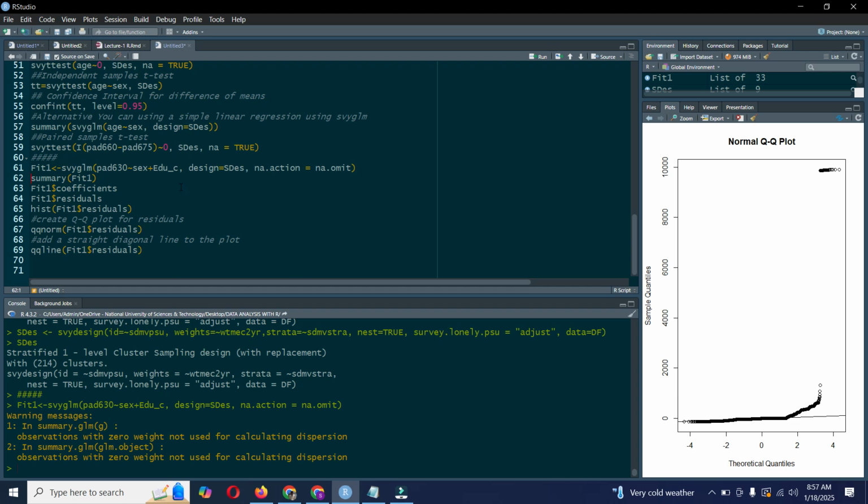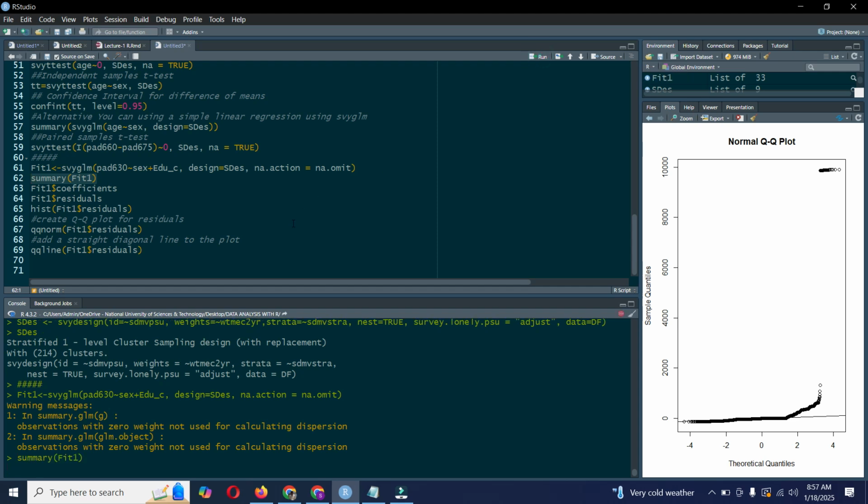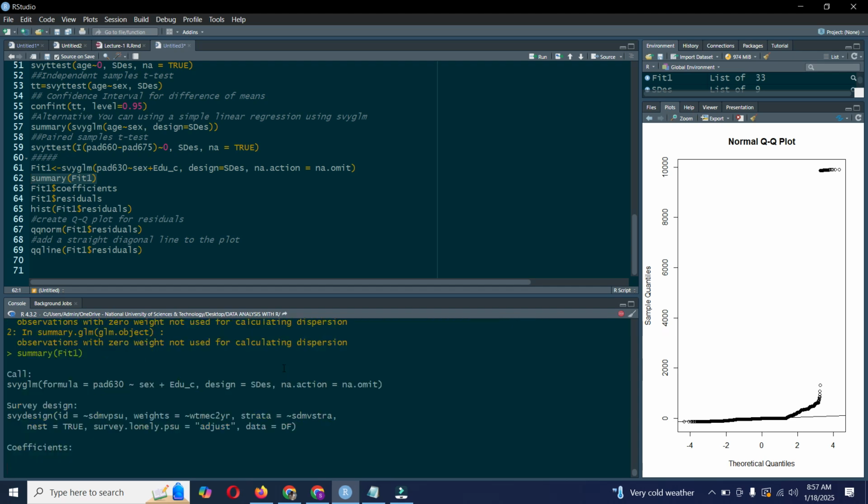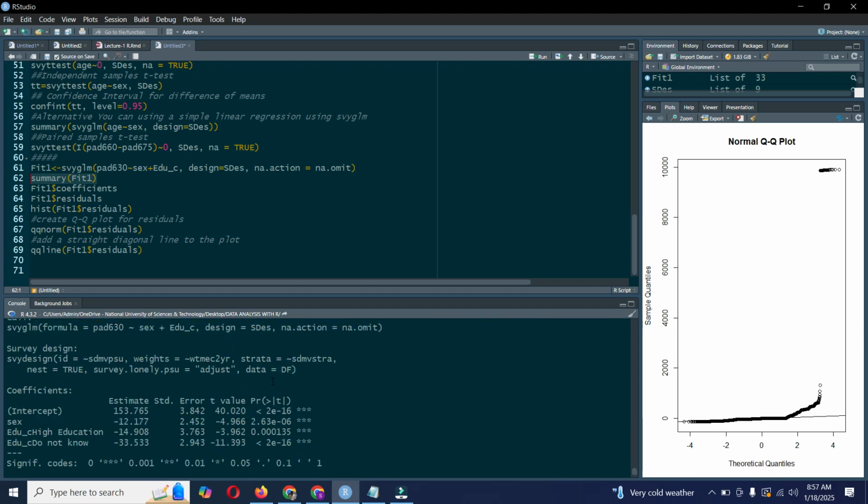So this is a survey fit object, and you can see the summary of the survey fit. I called it fit1. So you can see the result of the linear regression model.